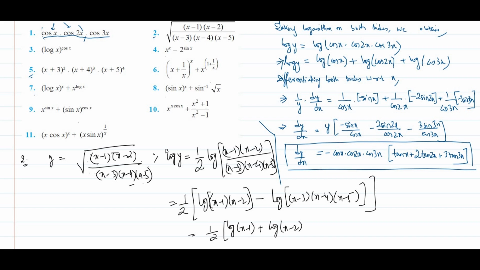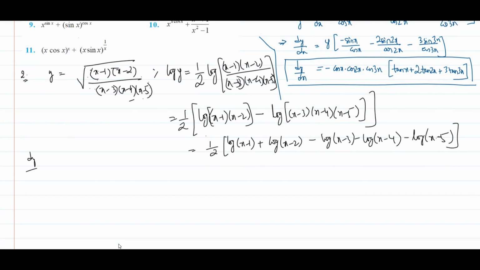As log of uv comes out to be log of u plus log of v, this is minus log of x minus 3 minus log of the rest. So I hope you are clear with this, and now you can differentiate it very easily as the previous. So you will be getting 1 by x minus 1 plus 1 by x minus 2, like that. So the final answer, as you will get it, is very simple.